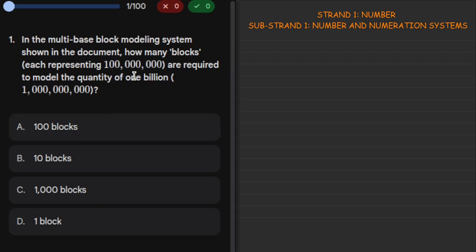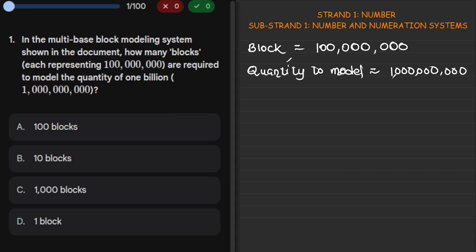So this is trying to tell us that a block is 100 million, and we want to arrange a particular number of blocks to give us a billion. So let me write down that parameter here. We are saying just one block is 100 million, but we want to model a billion. So how many blocks do you need?